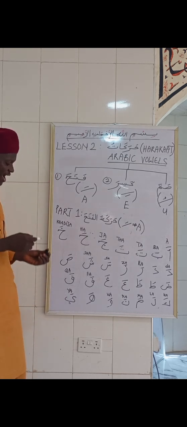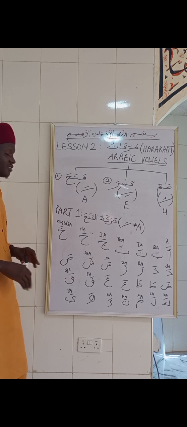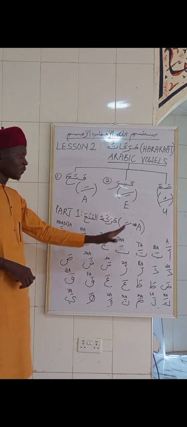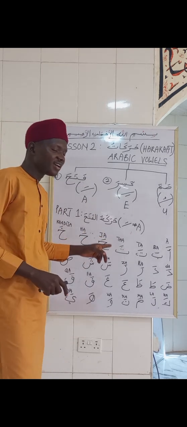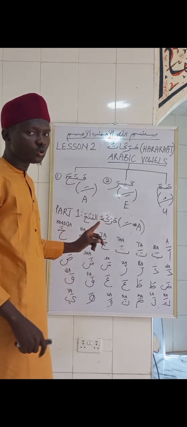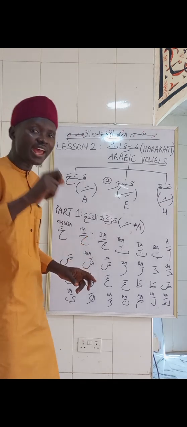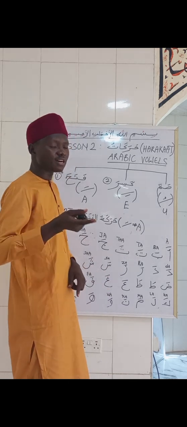What is very, very important that you should know is the sound whenever the vowel fatha is attached to any Arabic alphabet. You should know it to the extent that you don't need to first say ba fatha before you know that the sound is ba.